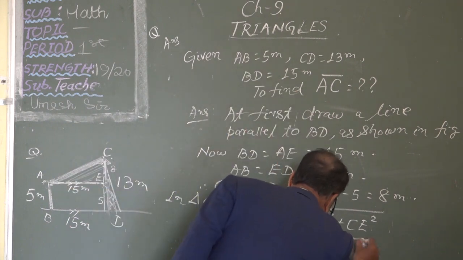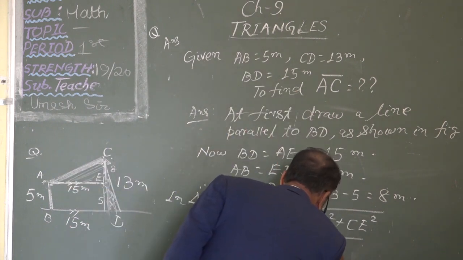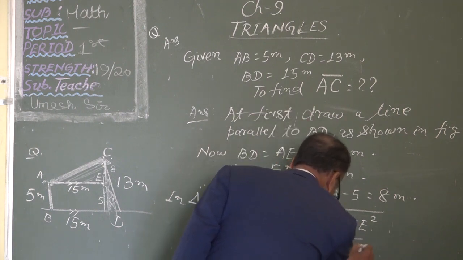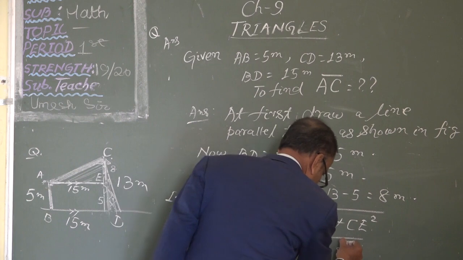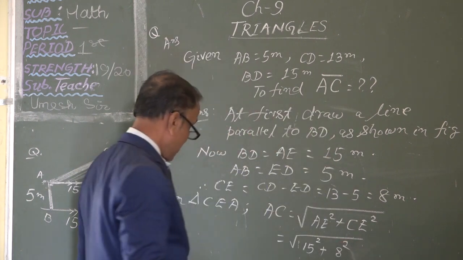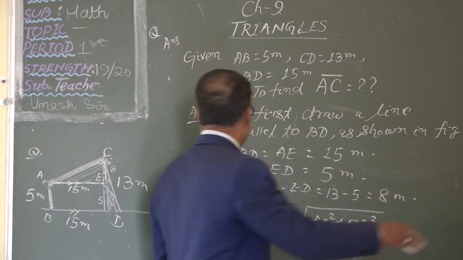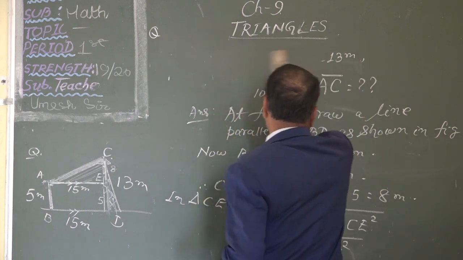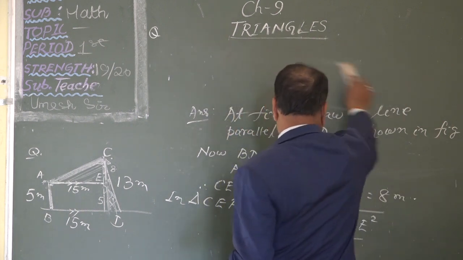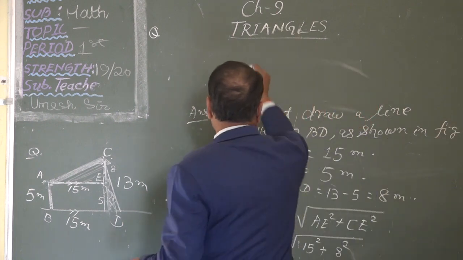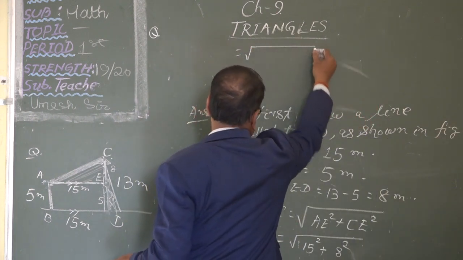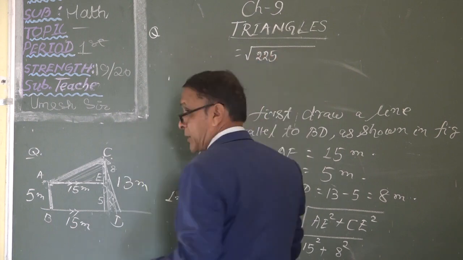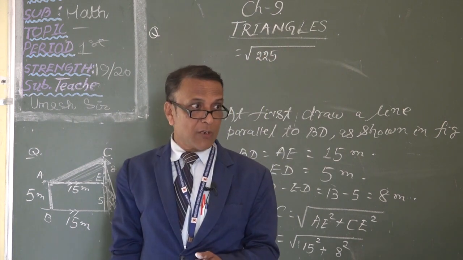So that is equal to 15 square plus, C means 8 square. That is equal to, it is completed? Yes, sir. So that is equal to square root of 15 square is how much? 225. Already I have said how I will calculate.